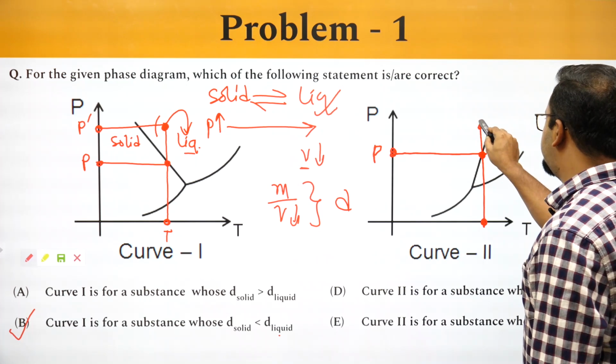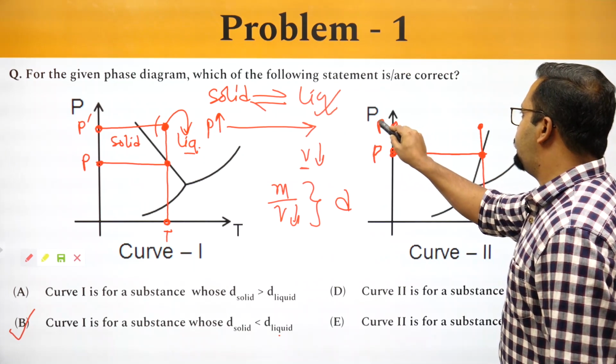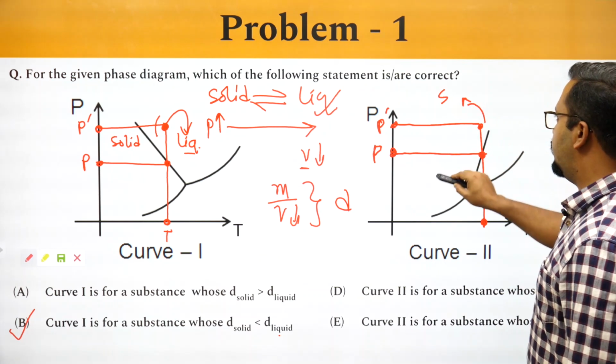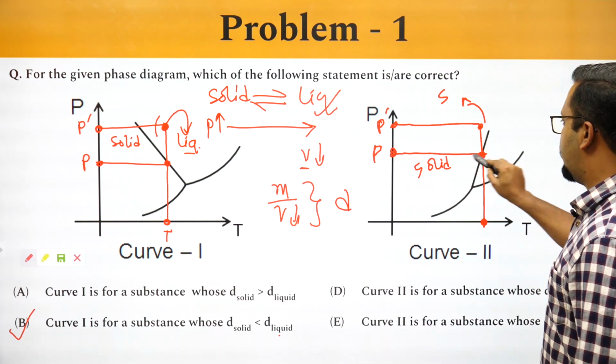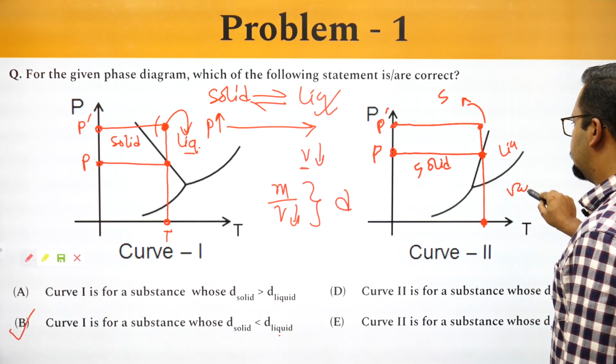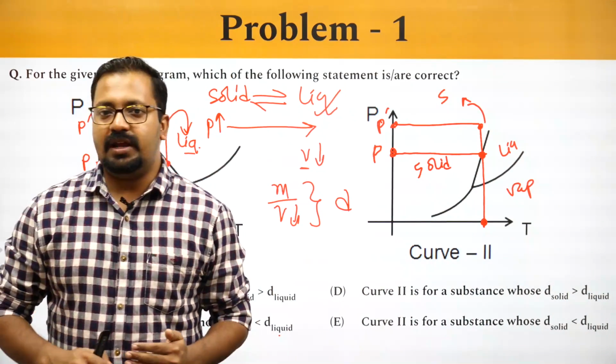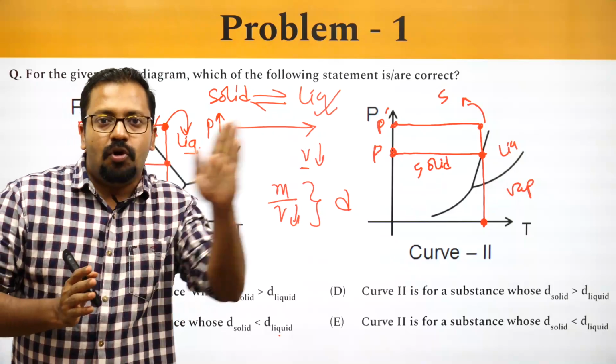I increase the pressure. Where do I land up? Solid, क्योंकि ये solid region है, ये liquid है और ये vapor. So I increase the pressure. I land up in the solid region, equilibrium gets disturbed and I move towards solid.